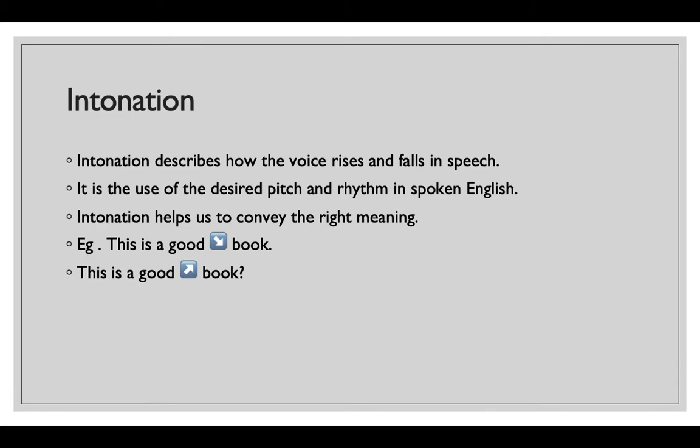It is not rising there, it is ending. And I'm just making a statement. This is a good book. At "book" you'll notice that my pitch goes down. There is a fall in the pitch. Whereas in the second sentence, "this is a good book," the pitch rises at "book."